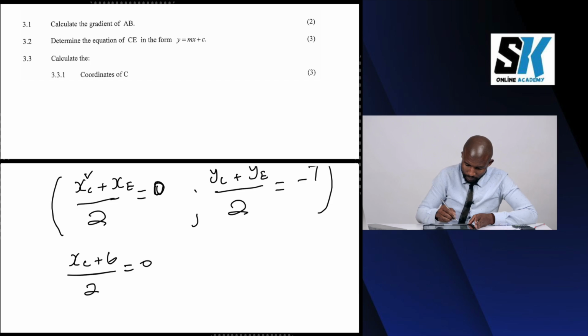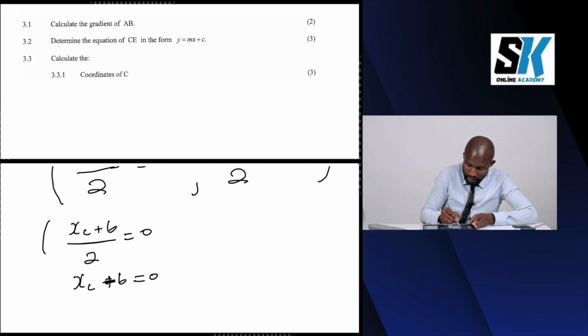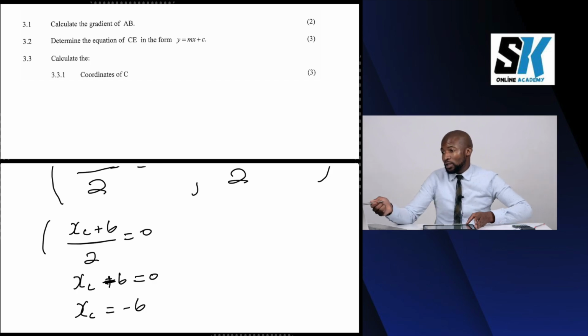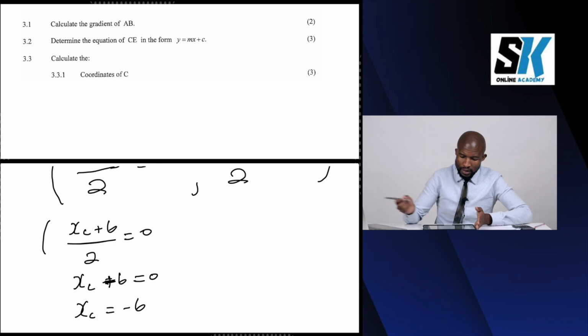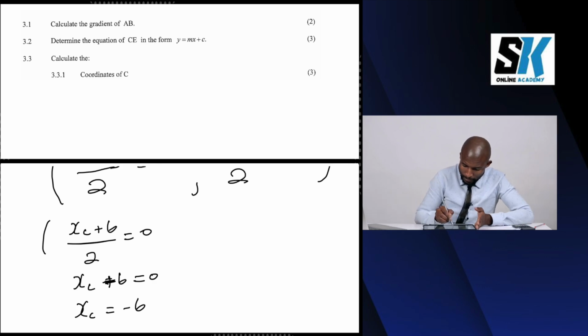So when we solve that, when we cross multiply, it's going to be plus 6 here, it's going to be 0 here, and then the X value of C has to be negative 6, and as you can see, it's on the negative x-axis. Then that will be the X value for C.